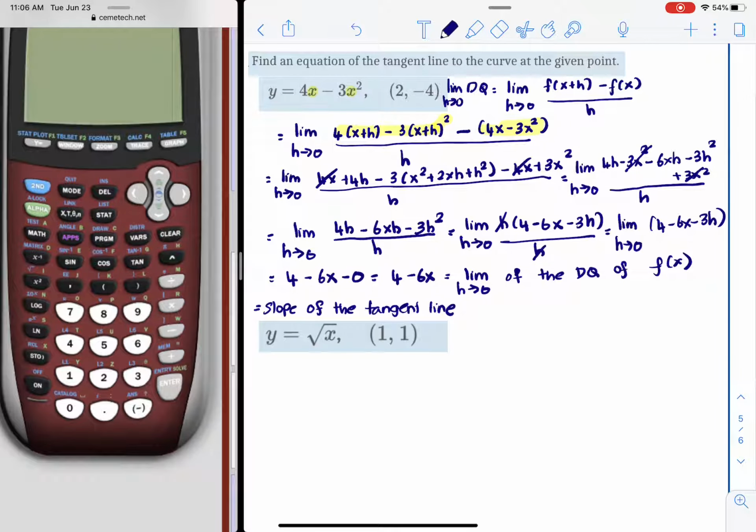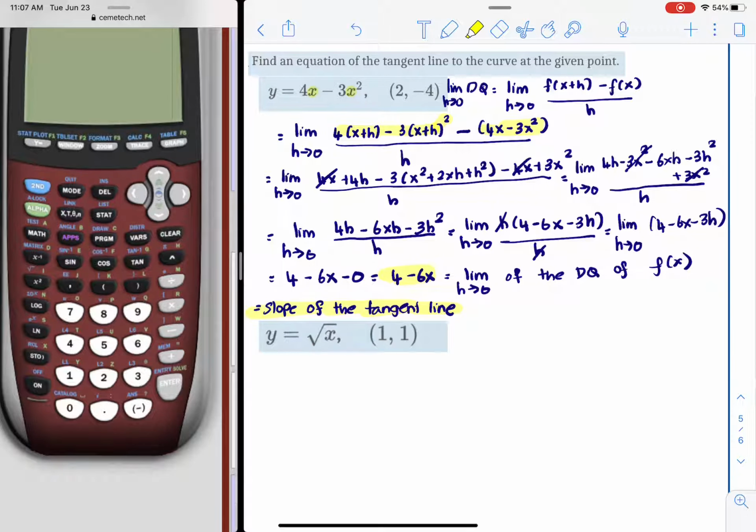So the given point is 2, negative 4. So we have a point, and at that point we can find the slope of this function. So all we have to do is find m. So how do we find m? We have the slope expressed in terms of 4 minus 6x, because that is the slope of the tangent line.